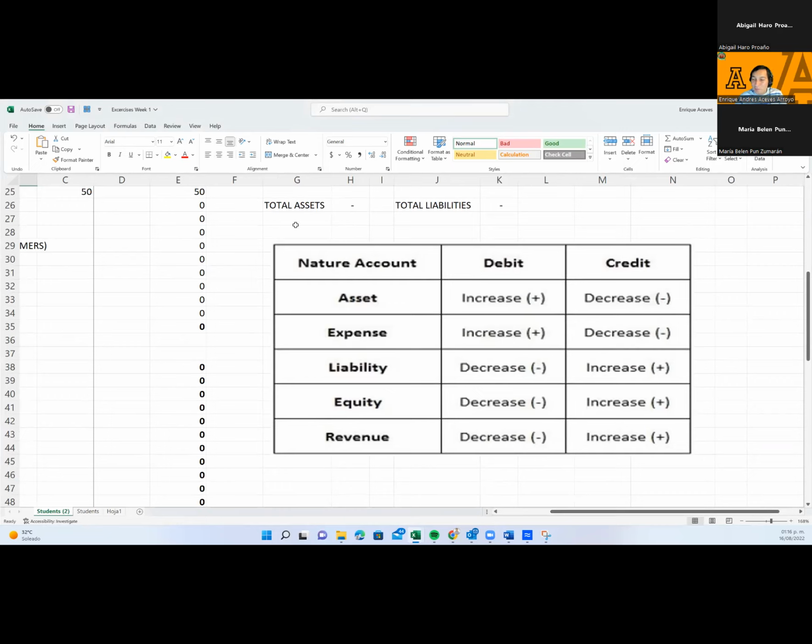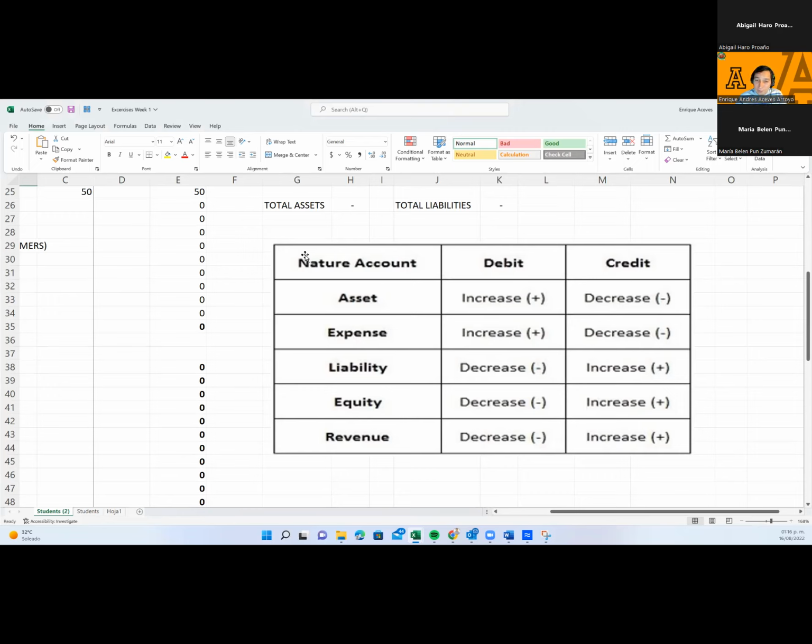Remember, this is the most important table of the whole semester. You have to figure out, you have to know it. If you don't understand it, learn it. It's very, very short. Come on. It will take you 10 minutes to memorize it.